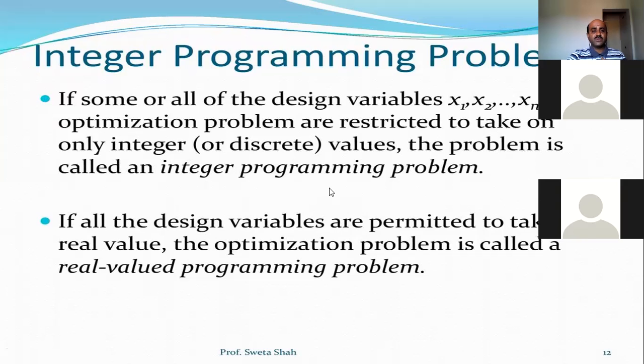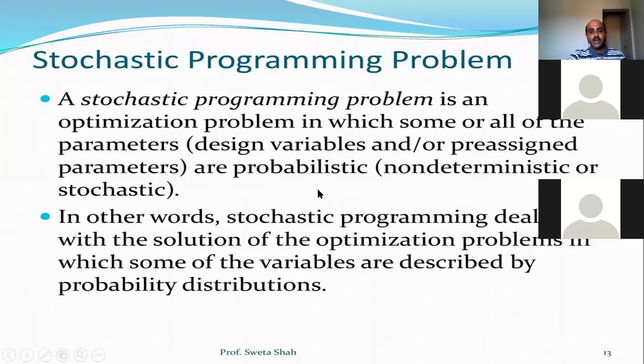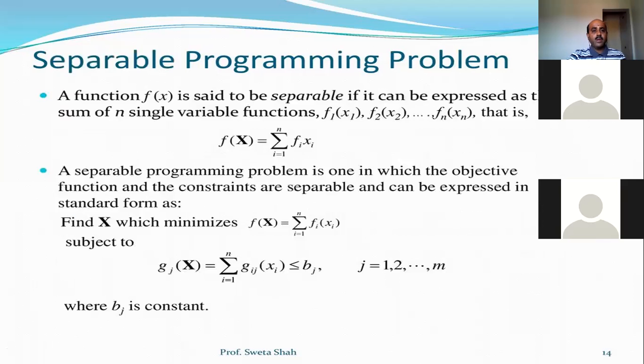Stochastic programming is an optimization problem in which some or all of the parameters are probabilistic, so it is non-deterministic. In other words, stochastic programming deals with optimization problems in which some of the variables are described by probability distributions.